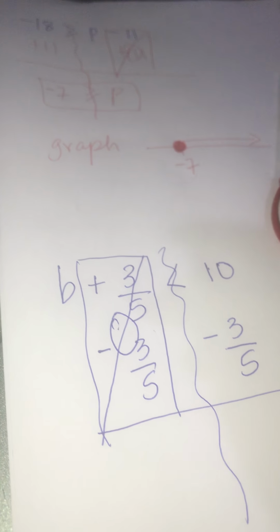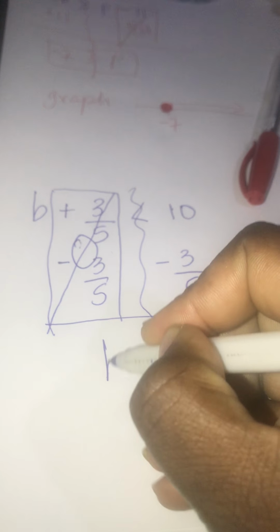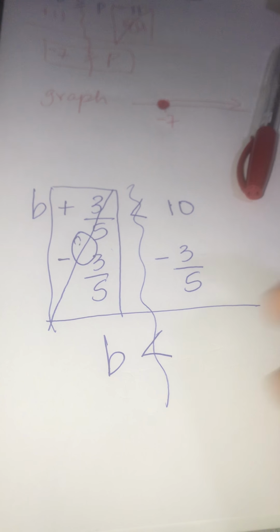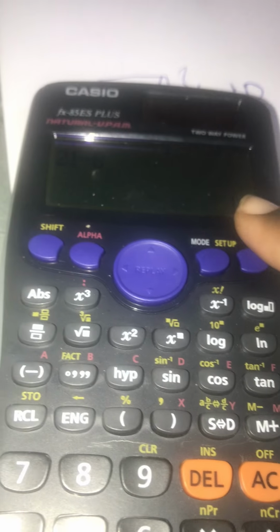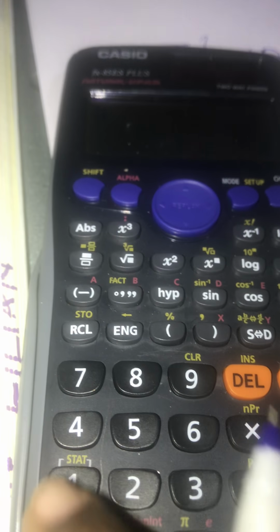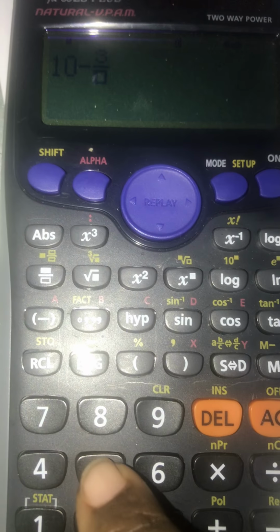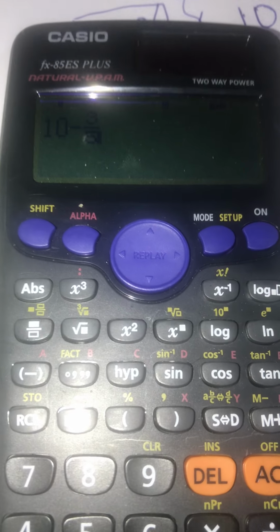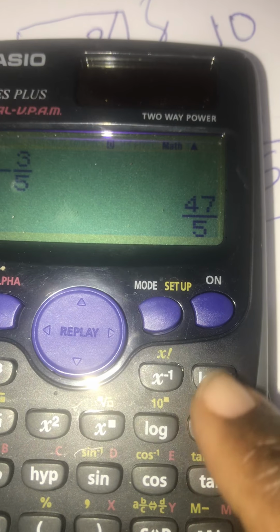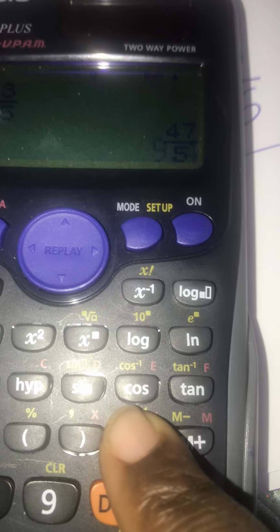Additive inverse makes that 0. B is less than or equal to 10 minus 3/5. Okay? And we get what? 47/5. And then we press SD. 9.4.